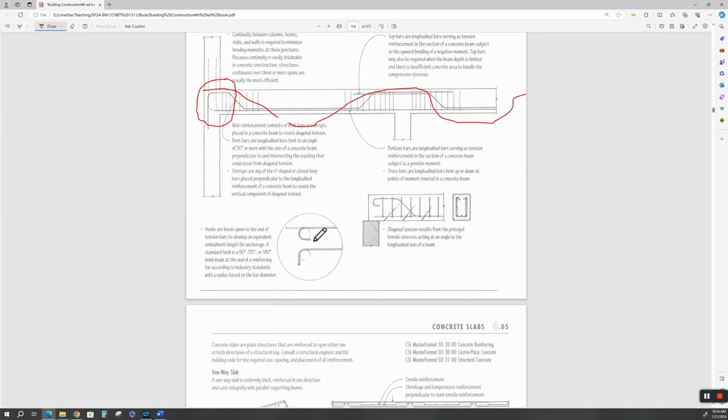All right, if you're a rebar layer, an iron worker, hooks or bends are given to the ends of the tension bars to develop an equivalent embedment length, okay? What he means by embedment length is the amount of the longitudinal length of the reinforcing steel that's in this concrete. Now, there are some discussions in ACI committees on, does this really help?